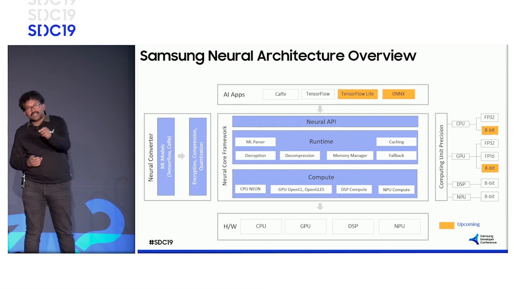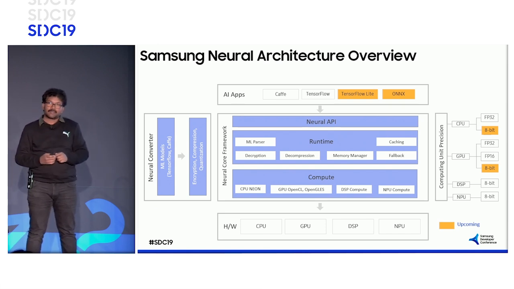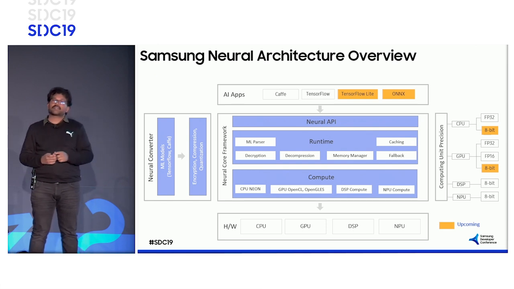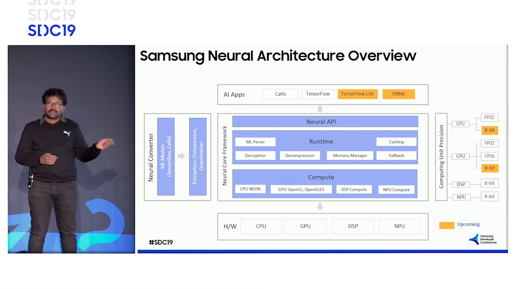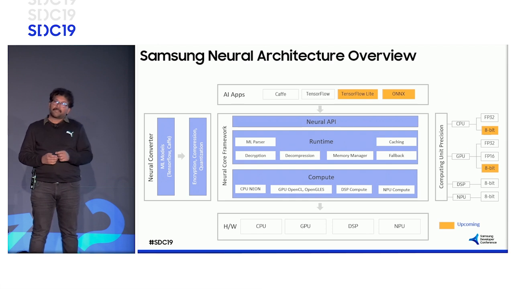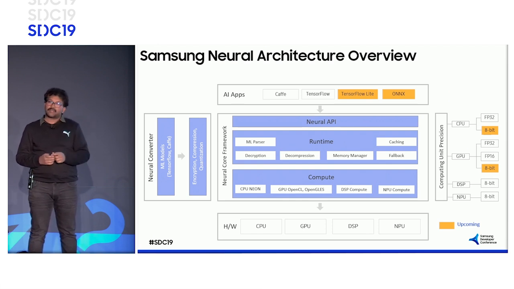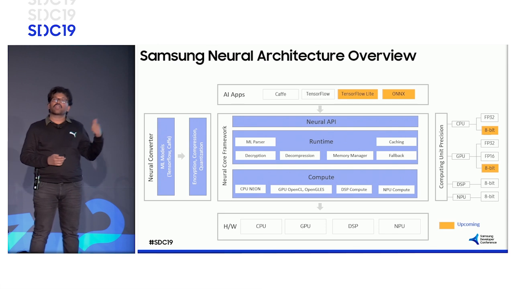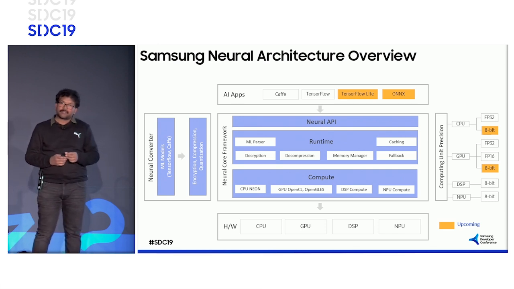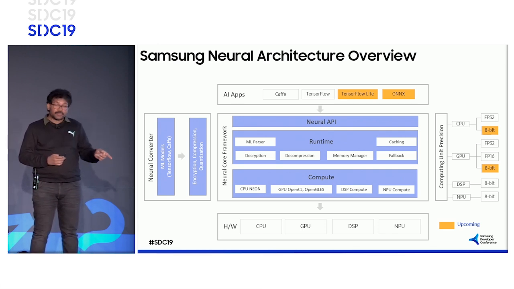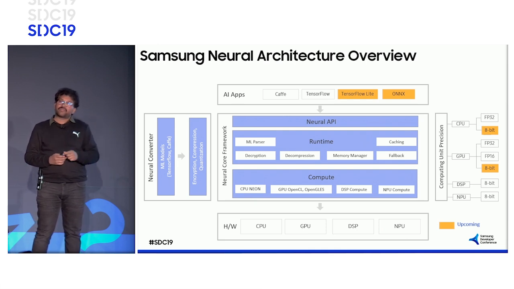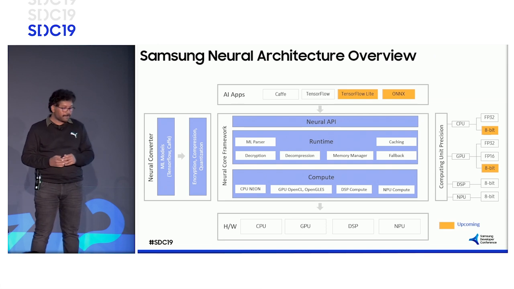But you may not get optimal performance, like missing some model optimizations, operator fusion, operator replacement, which are handled by Samsung Neural Converter. And the second block, decryption and decompression, we already discussed as part of Neural Converter. So we need to do the inverse here.